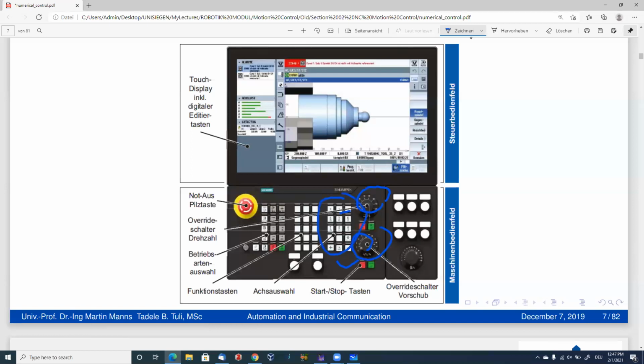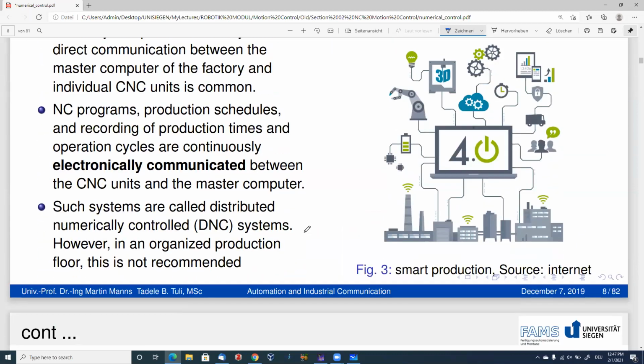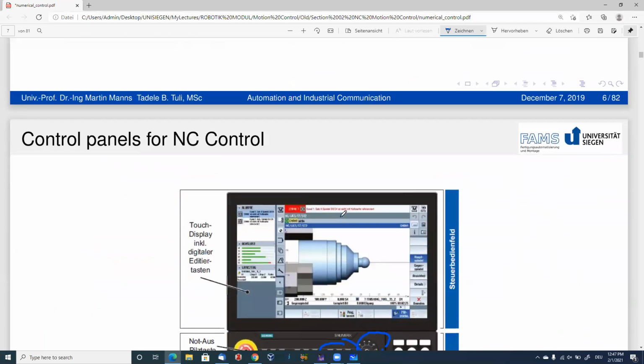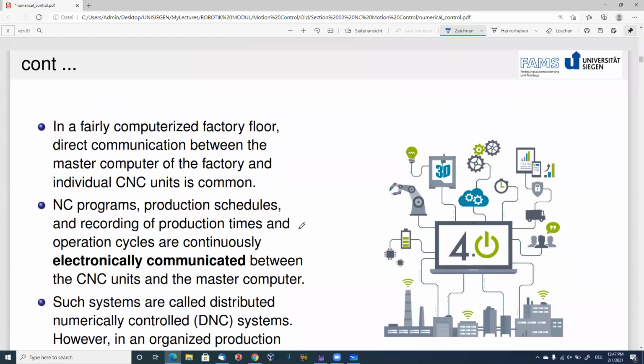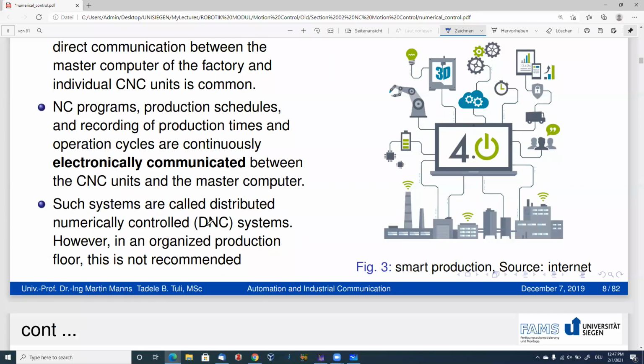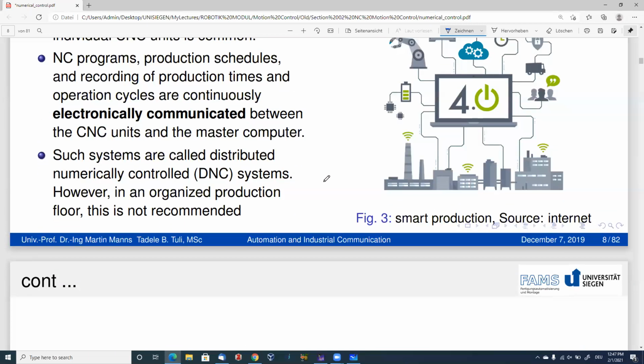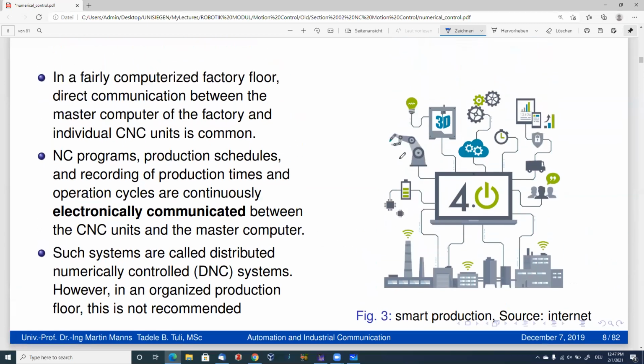Here also we have buttons for programming and so on. Now the question is, since we are in the Industry 4.0 revolution, we expect these machines and robot systems to be intelligent, and to have digital communication between each unit.